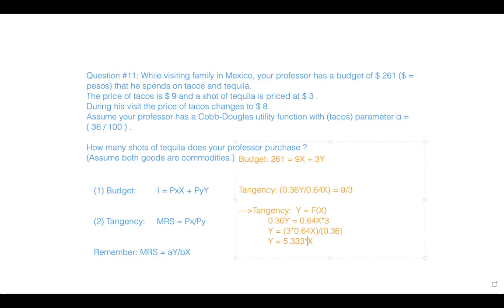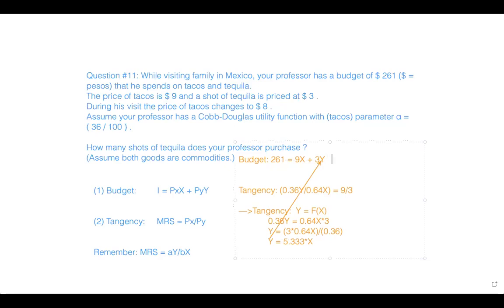Yeah, that makes sense. Okay, so now that I have this y, the next step will be for me to take this y and substitute it from the tangency condition into the budget. And when I do that, I'll just end up with one equation in x, right?